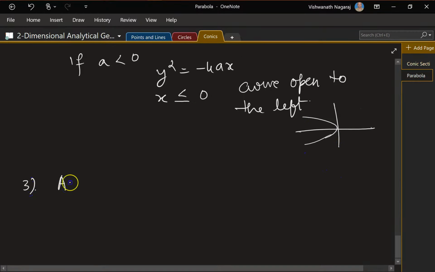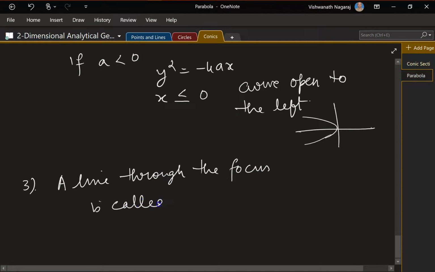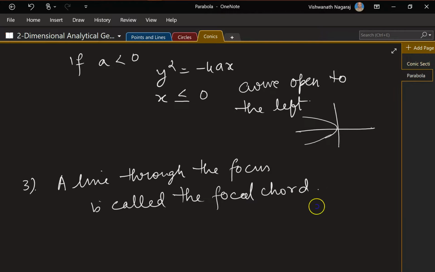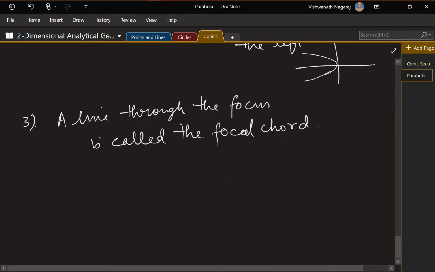Okay, a line through the focus is called the focal chord. There can be n number of lines going through the focus, but there will be only one focal chord perpendicular to the directrix.